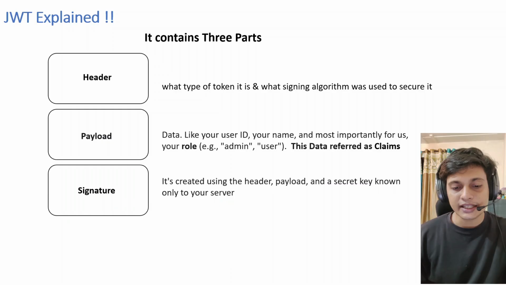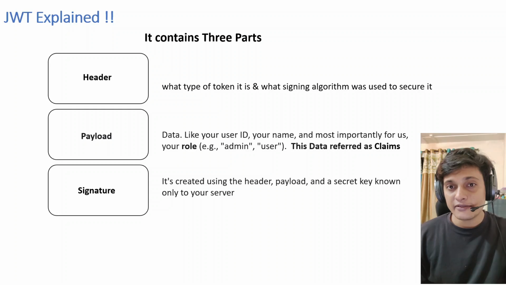Then the third thing is the signature. It is created using the header, payload, and a secret key known only to your server. There are signing algorithms which are known to many, but this particular signature contains the keys which identify your header as valid, and then it provides access to your application.